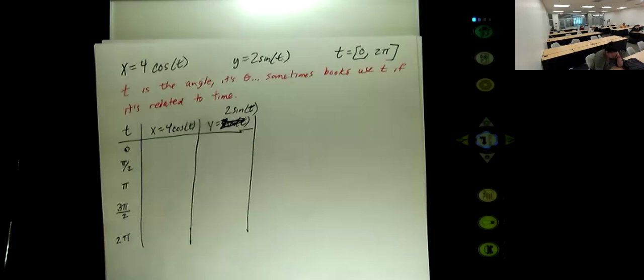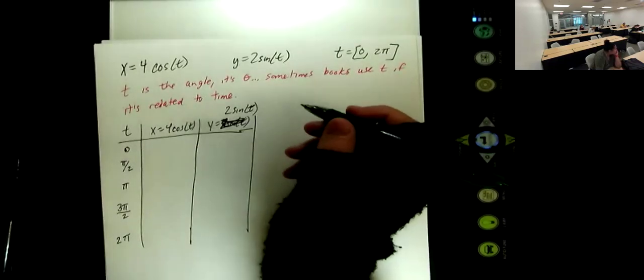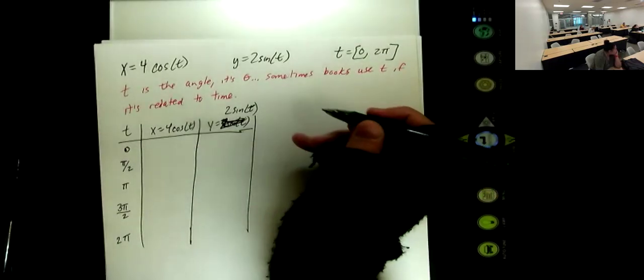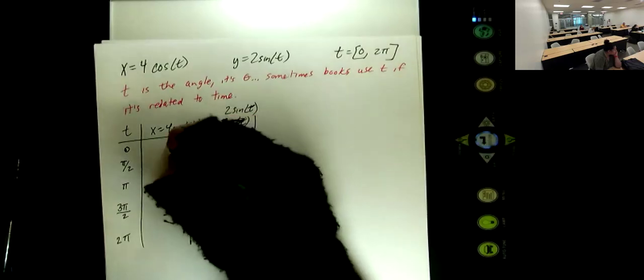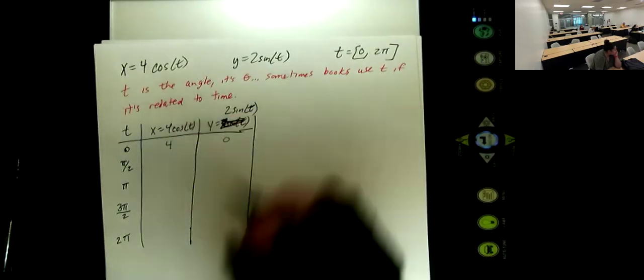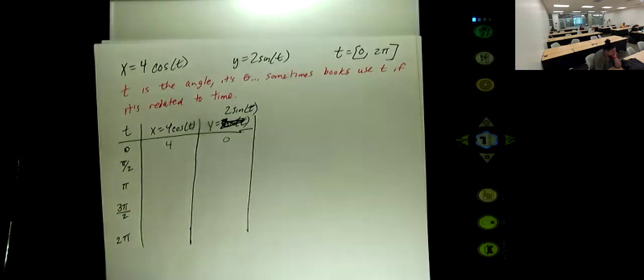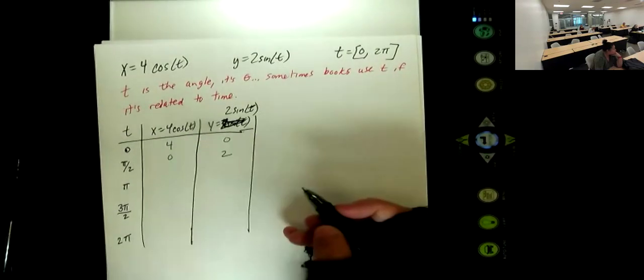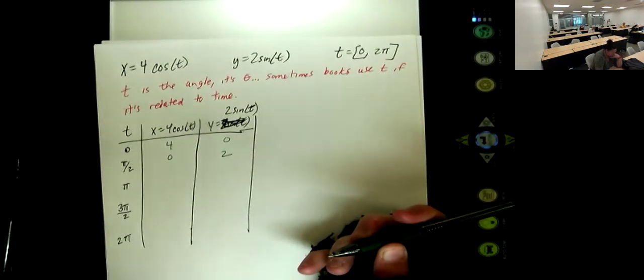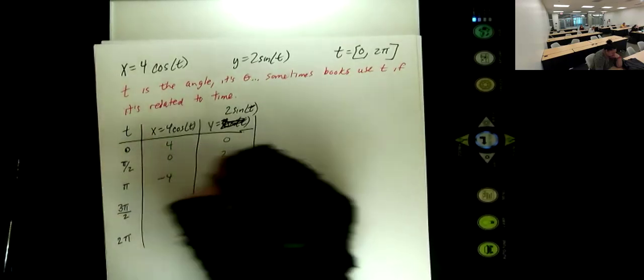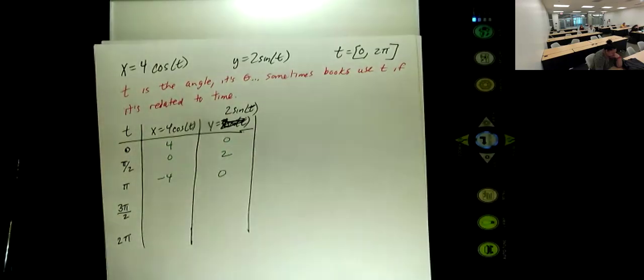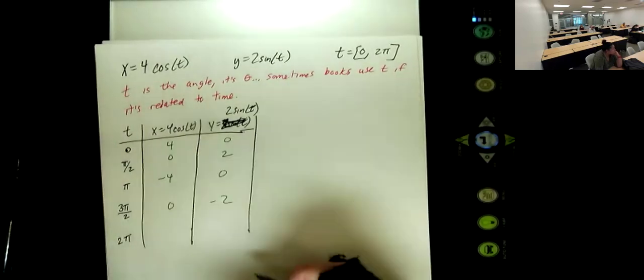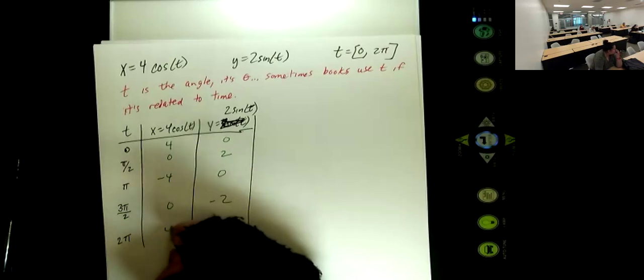Alright, what happens if I plug these in? What should I get for 0? 4, 0. Pi over 2? Pi? -4, 0. Pi over 2? 2 pi should be back to 0.